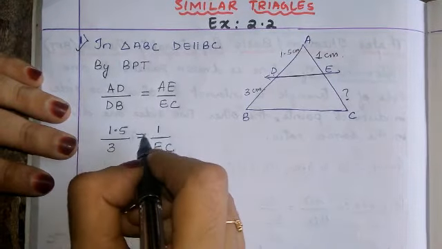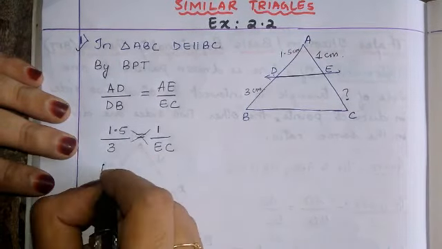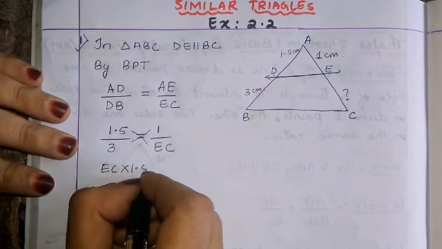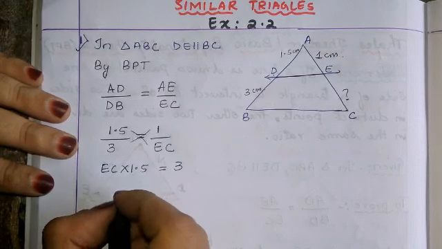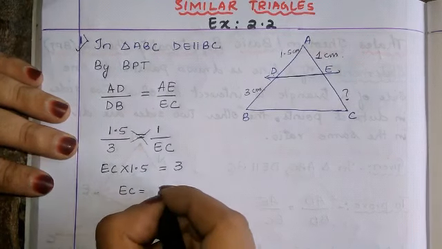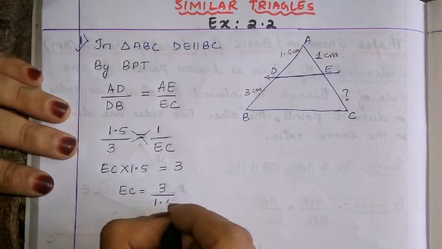Let us cross multiply. EC into 1.5 is equal to 3 ones are 3. Now we need to find EC. EC is equal to 3 by 1.5.